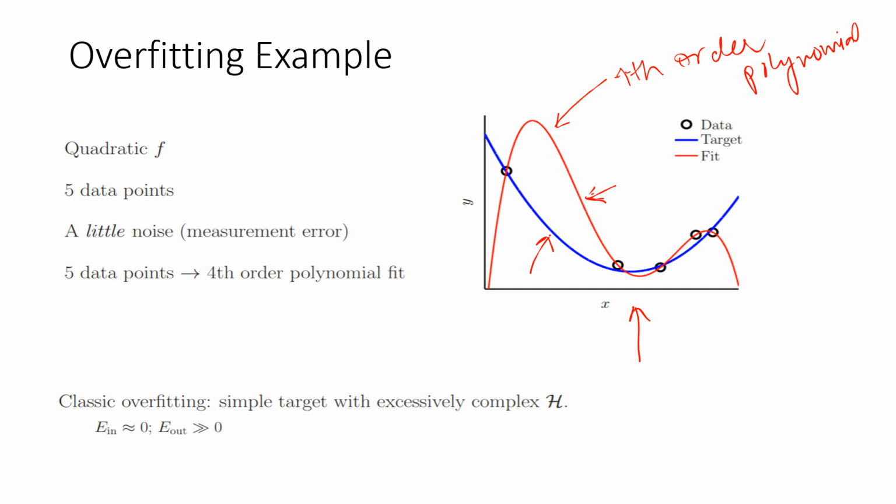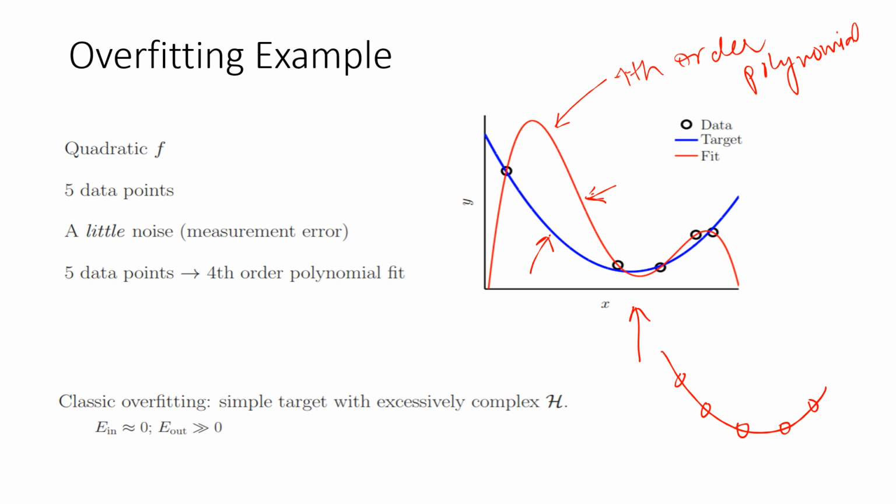The little noise in the data has actually misled the learning. Why? Because if the data points were exactly on the target with no measurement error, then I could have come up with a second order polynomial that would have exactly fit the data.